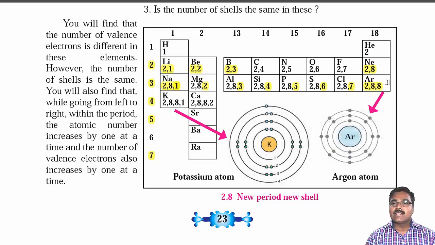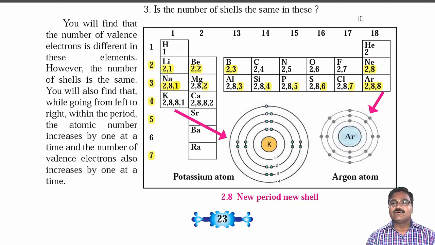Now, in the case of argon, it already has 8 electrons in its outermost orbit, therefore it will not receive or donate any electrons, so it will remain as it is in any chemical reaction.